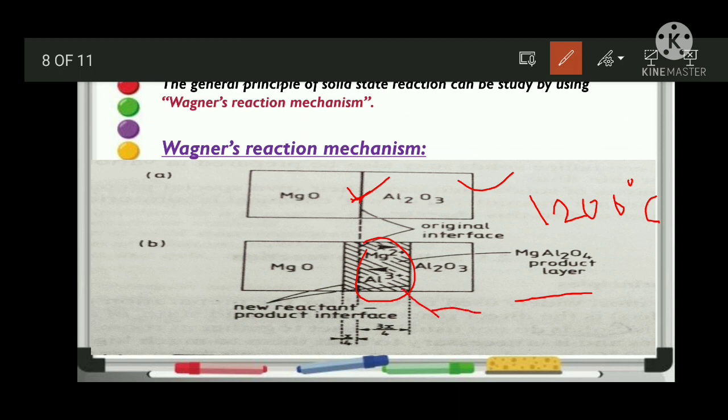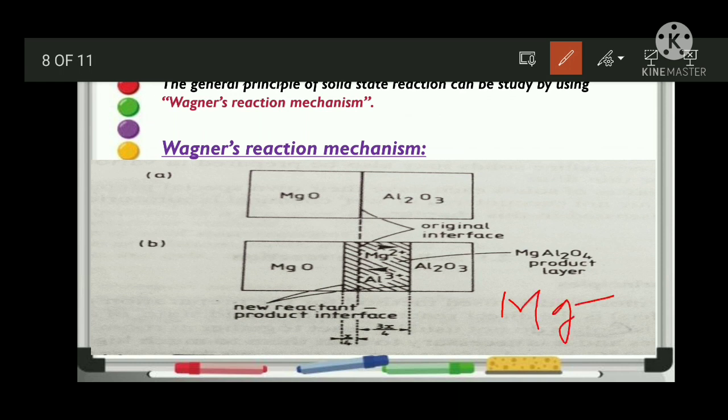Aluminium 3+ ions enter this phase and magnesium 2+ ions enter that phase. When these two ions diffuse into the product layer, another reaction starts, and that reaction we call the Wagner reaction mechanism.